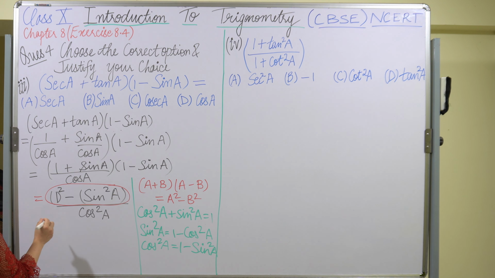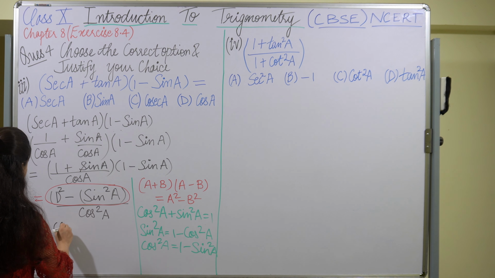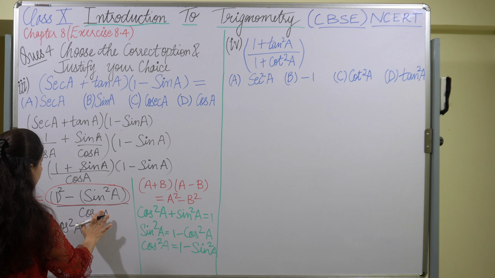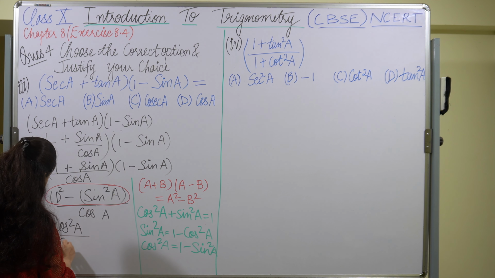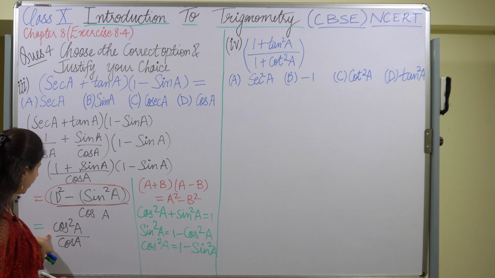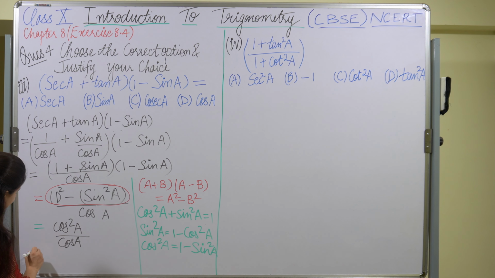So here we will be getting cos square A upon cos A. Cos square A has 2 cos, so 1 cos will get cancelled.